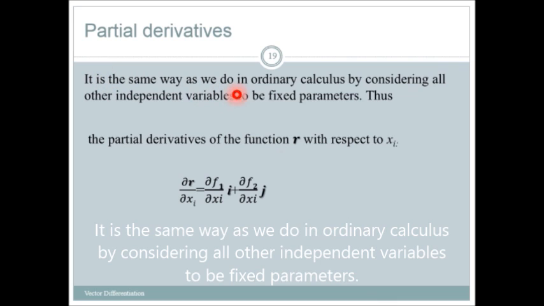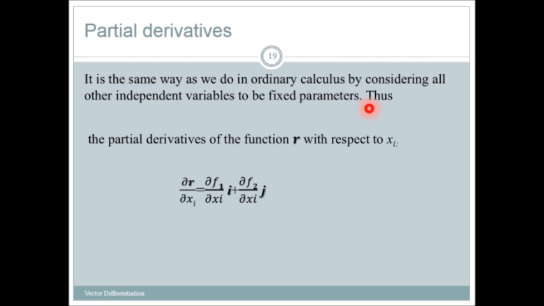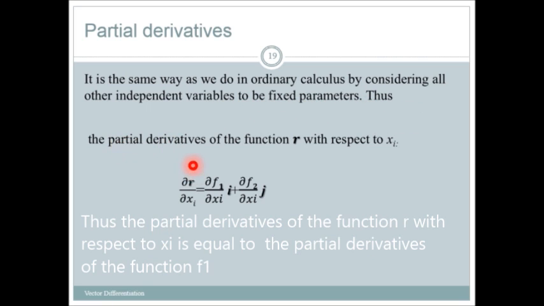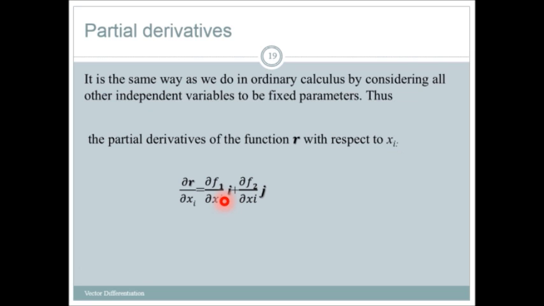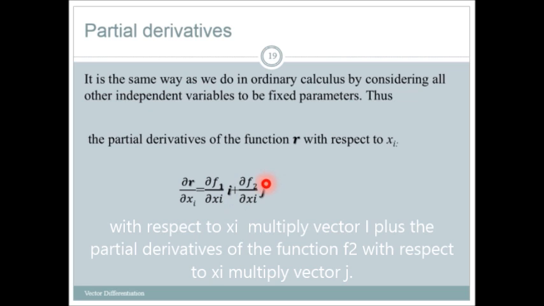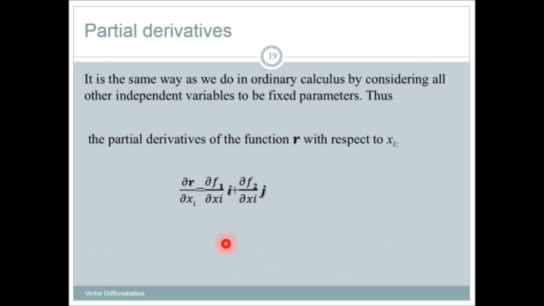It is done the same way as in ordinary calculus, by considering all other independent variables to be fixed parameters. Thus, the partial derivative of the function r with respect to xi is equal to the partial derivative of the function f1 with respect to xi multiplied by vector i plus the partial derivative of the function f2 with respect to xi multiplied by vector j.